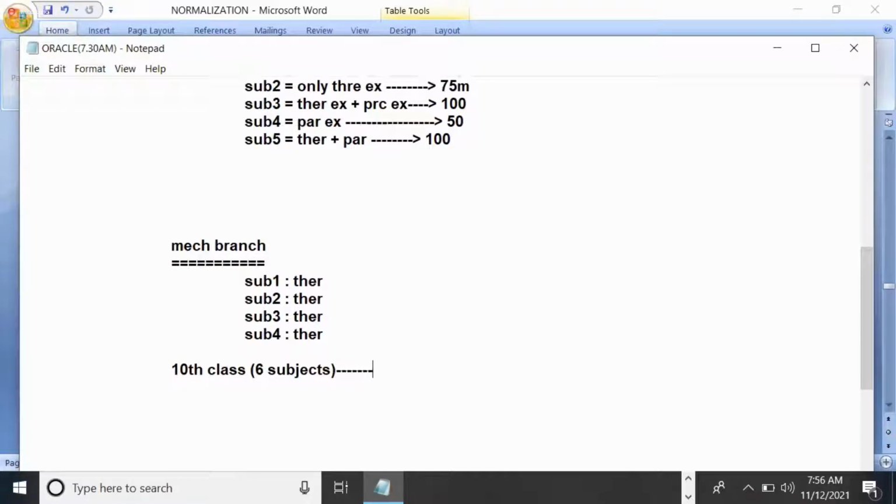But tell me, guys, this is subjects, 6 subjects, but how many examinations was he writing? Any idea? The Telugu people, they know.